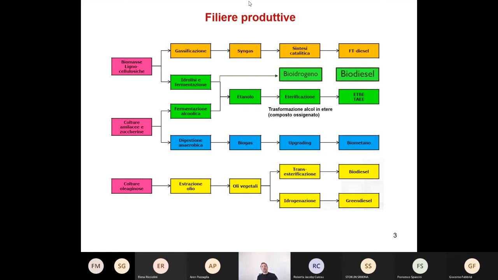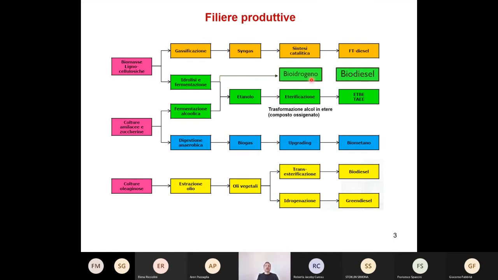But you can continue the pathway through, in general, a Fischer-Tropsch process, which is a chemical reaction that uses some components of syngas to produce biodiesel. This is the acronym Fischer-Tropsch diesel, to make a difference from biodiesel or green diesel from the traditional first generation process. So you can obtain biodiesel, of course.